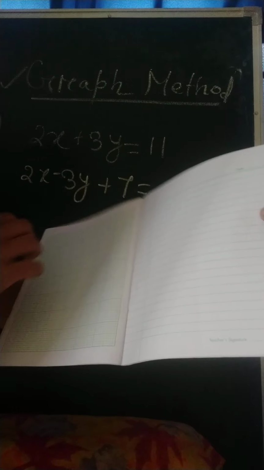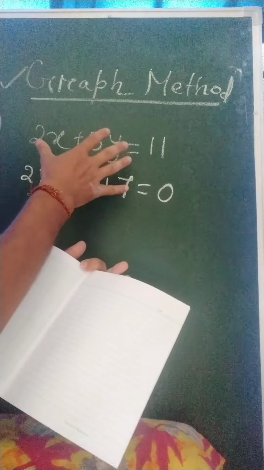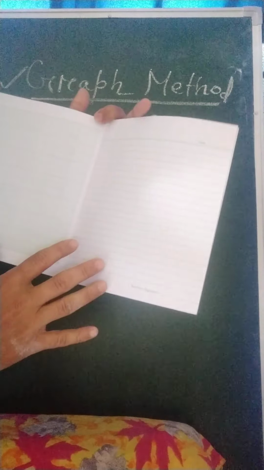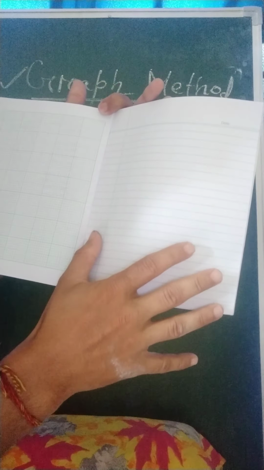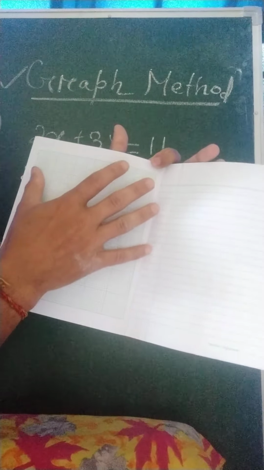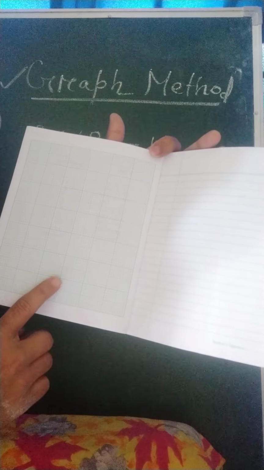Whatever we are going to solve under this graph method, we will write on the lined page, and the specific graph that we are going to plot, we will plot on the graph page.